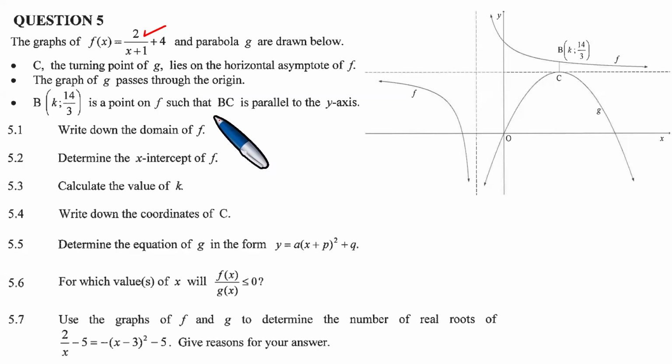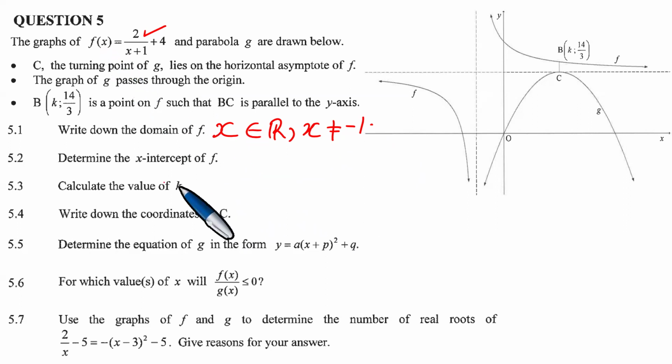So in other words, the domain has to be x, which is an element of all real numbers, such that x itself is not equal to -1. And this is the domain of the function f, whose equation is that one up there.